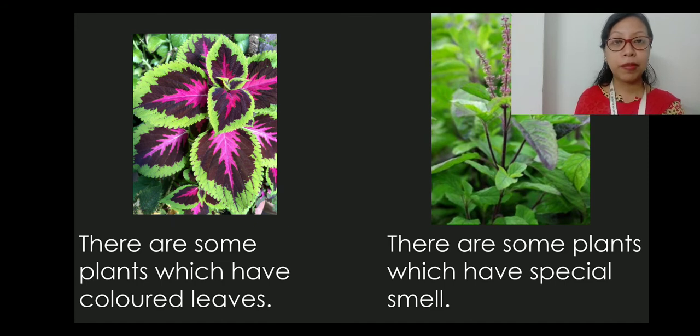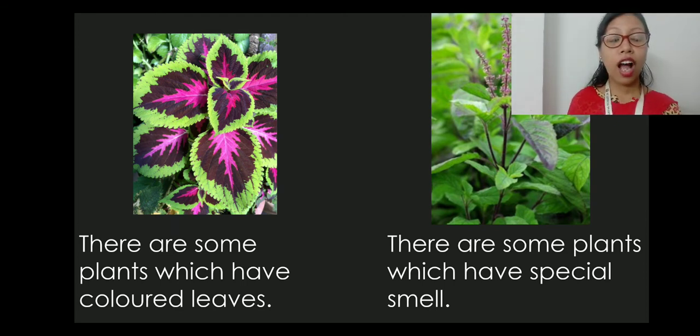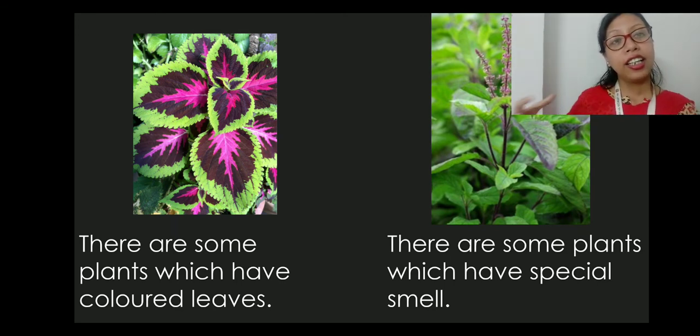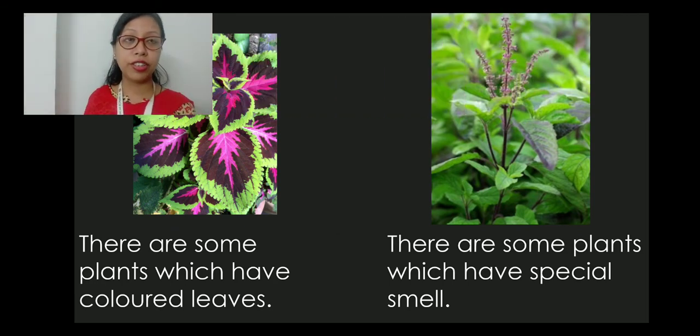When you visit somebody's home, if they have plants, just go and observe that the colors of the leaves are different. For example, here on the screen, see how beautiful the pattern is. The leaves are very beautiful. Like this, there are many other plants which have different colors of leaves.